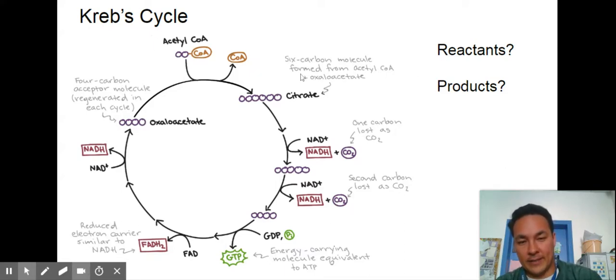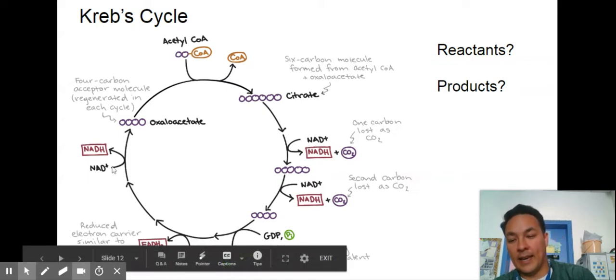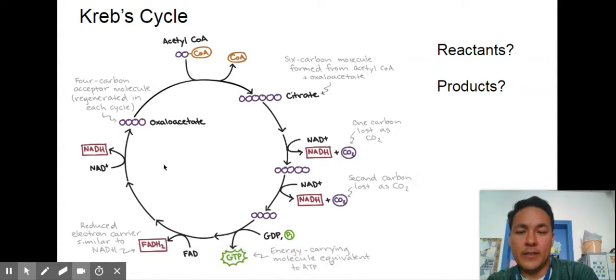So you can think reactants would be pyruvate comes in. Well, let's look what else is a reactant. What else is being used here in the matrix? Well, NAD plus and FAD. All right, and so this process is a cycle because that's more energetically favorable. So the acetyl coenzyme A comes in.